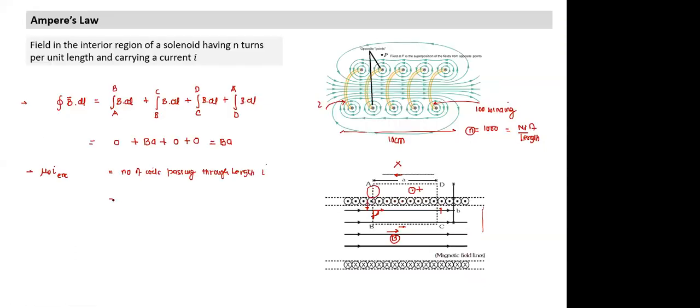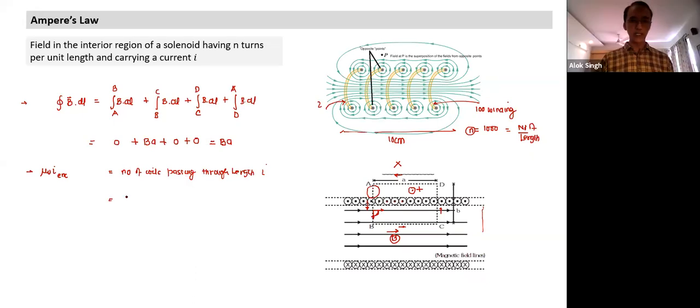A by length into N, with N per unit length. So it becomes N into A into I. So that's the value, and we equate. B into A is equal to mu naught N A I, so B is equal to mu naught N I. That's the simple formula for the solenoid.